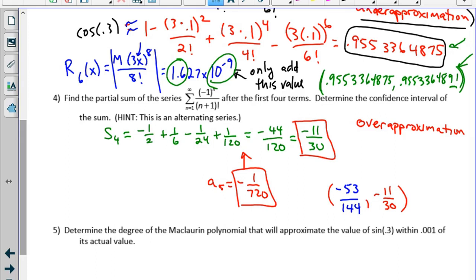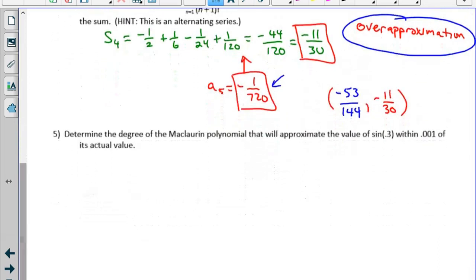And I don't have to add the next term because I know that this is an over approximation. Now, I also know that it's not going to be negative 53 over 144 because the term after negative 1 over 720 is going to be plus 1 over 7 factorial. So it's going to keep adding something after that, and then subtracting and adding and so on.